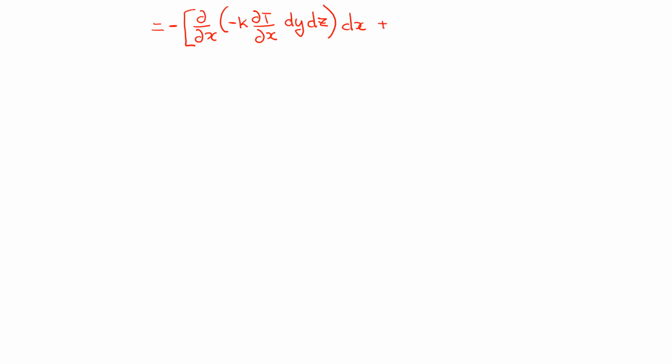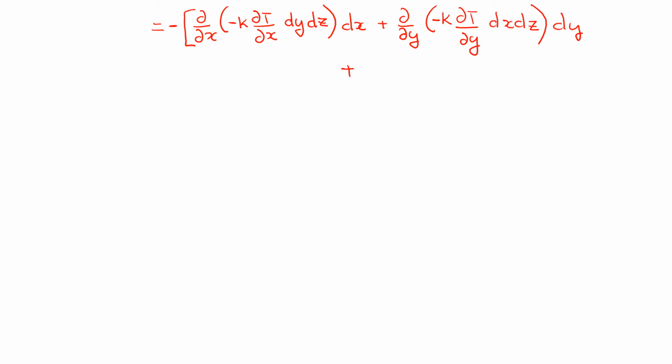Similarly, in y direction, we will have thermal conductivity times the partial derivative of temperature with respect to y, and in this case the area across which heat is flowing will be dx times dz, and we had a dy outside.